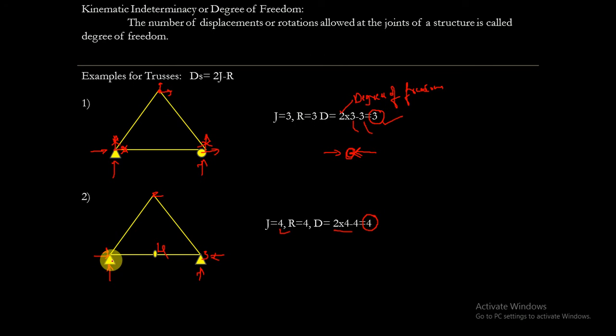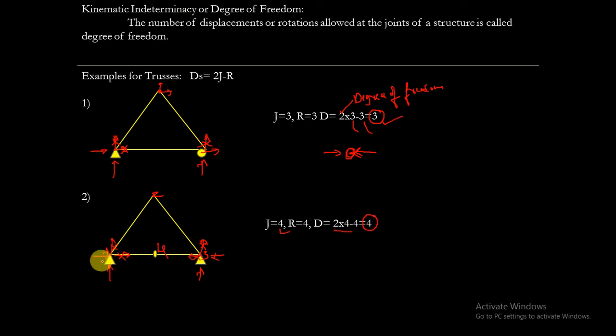As the support is present, it can't move in the vertical direction, it can't move in the horizontal direction. Here too it can't move in the vertical or horizontal direction.